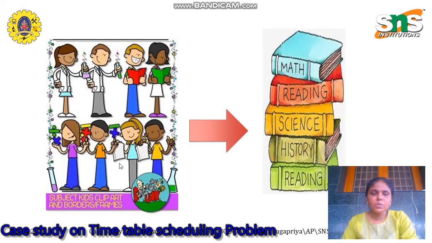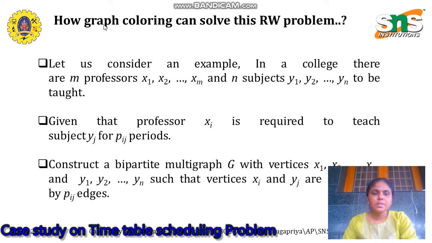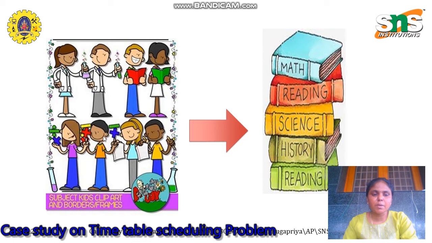Here, consider there are n teachers with n subjects. How to map the subjects to the teachers? Let us consider an example. In a college there are m professors, represented x1, x2, x3 up to xn.